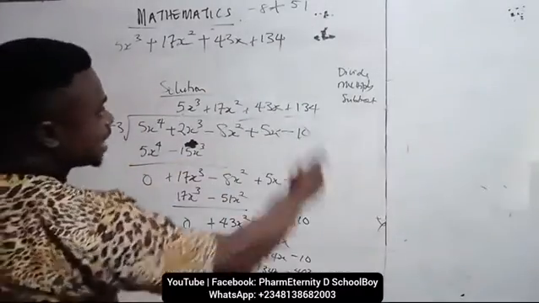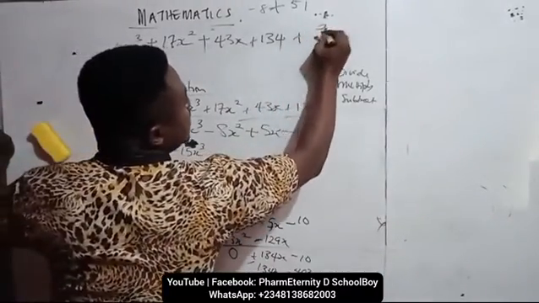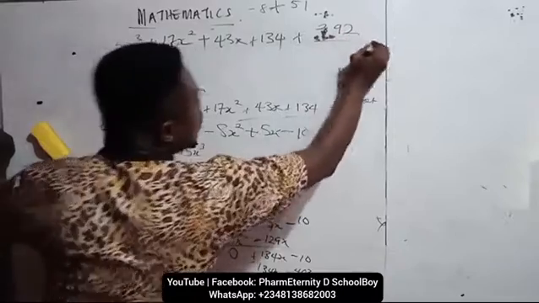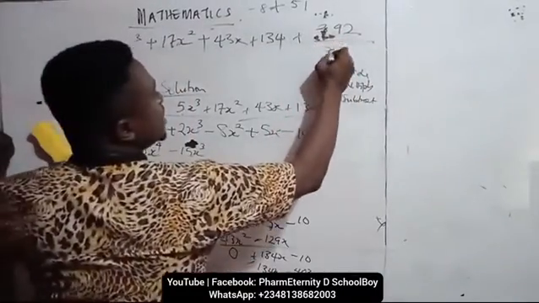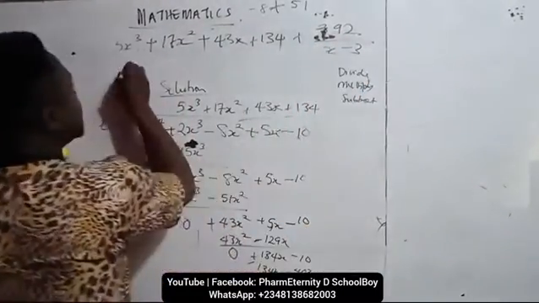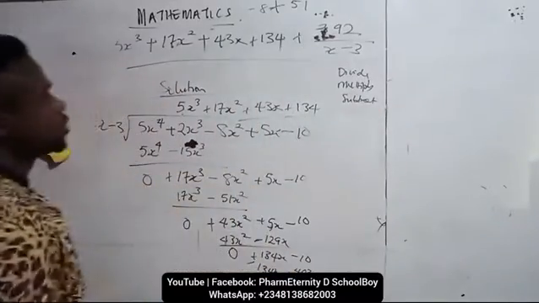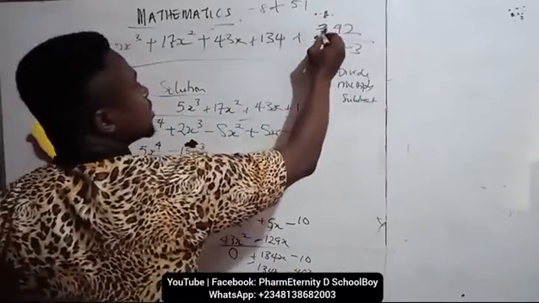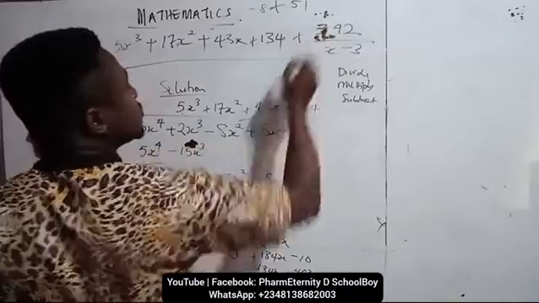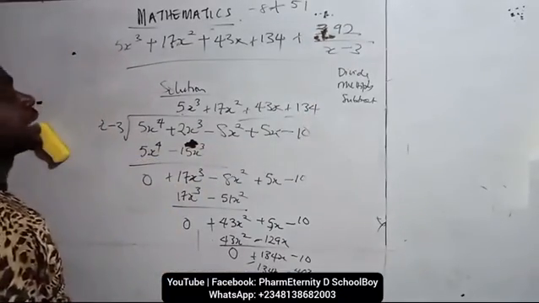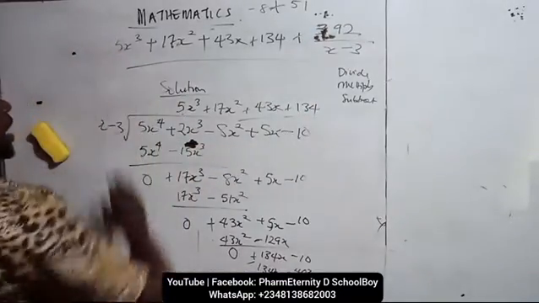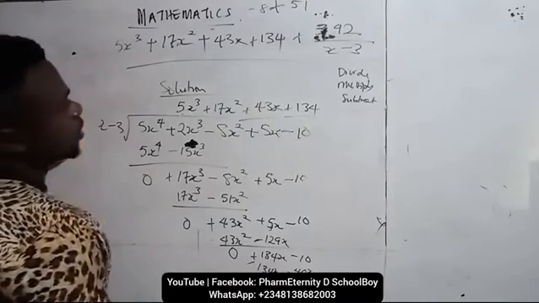Then plus the remainder 392 all over the divisor, which is x minus 3. This is the answer to this question. This is 392 over x minus 3. This is the answer to this problem.